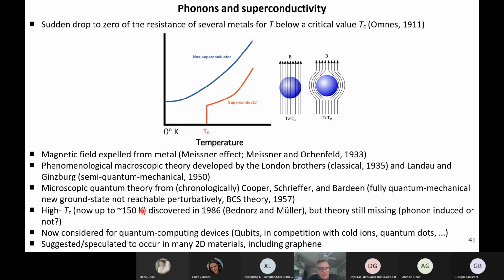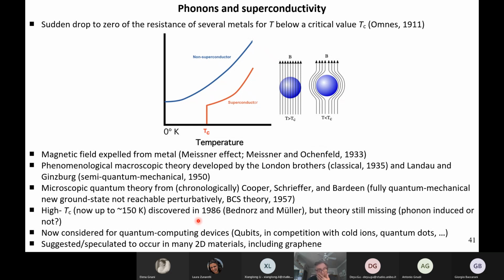There's been a report recently of a superconducting temperature of 288 Kelvin, which is a warm room temperature, not too warm, but above room temperature, but at very high pressure, extremely high pressure, 250 gigapascal, if I remember correctly. I will show a plot later on.